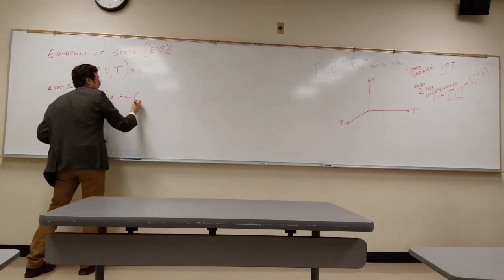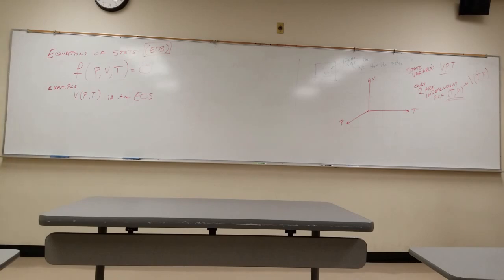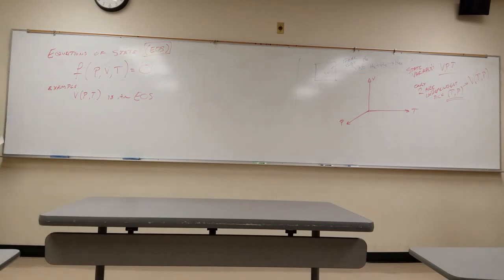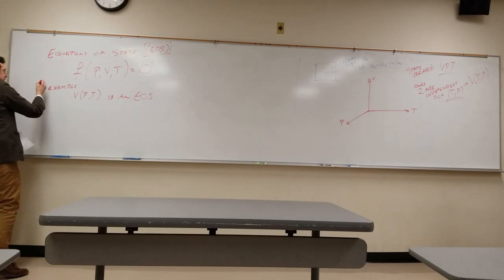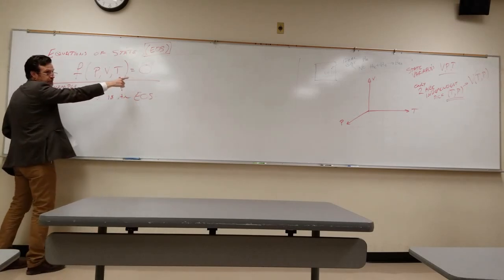This is an equation of state. But I think a problem with the way that we teach people about thermodynamics is we say volume is an equation of state. And it is. But the reason it's an equation of state is because we have a function of pressure, volume, and temperature is equal to 0.